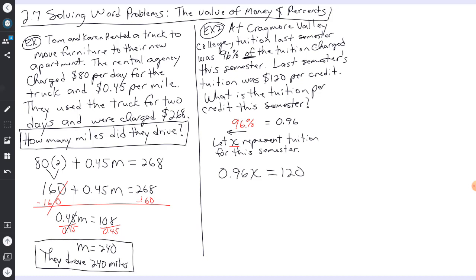It meant what when we're dealing with multiplication, right? So we're going to take 0.96 times x. And now we can solve it by dividing that off. And that's going to tell us that x is what?